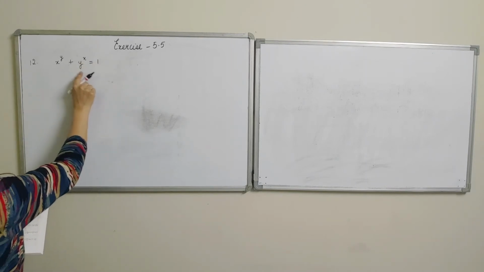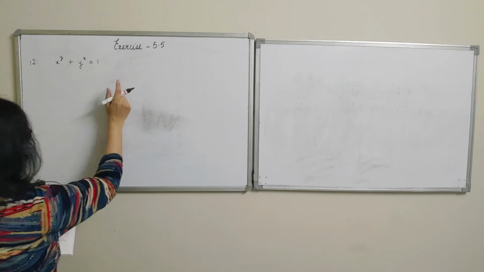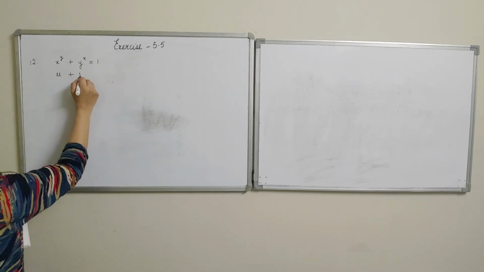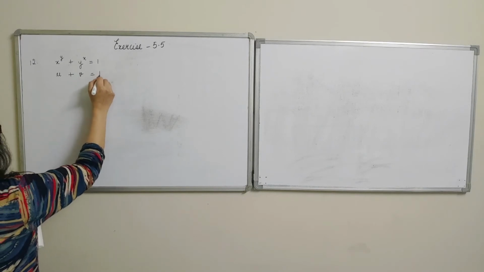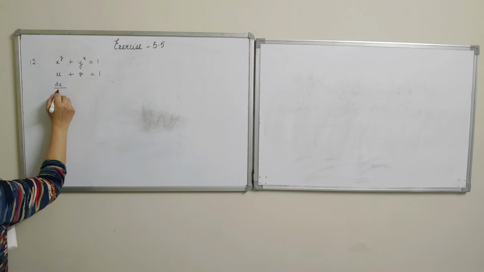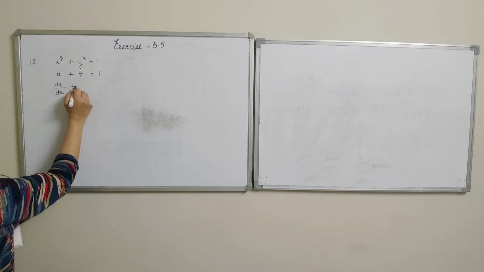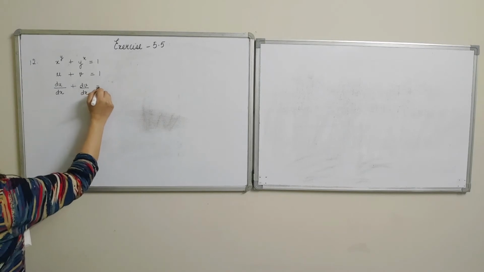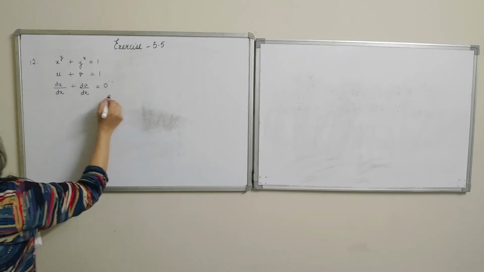You can see it is a sum of two special functions. We know our usual notations. We'll write it as u plus v is 1, and we'll differentiate with respect to x: du by dx plus dv by dx. On the right side it's 0.